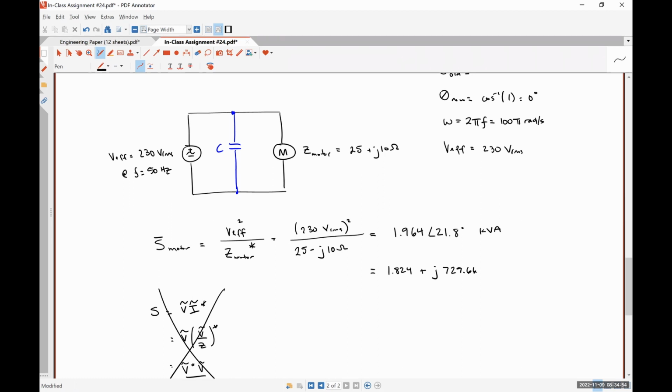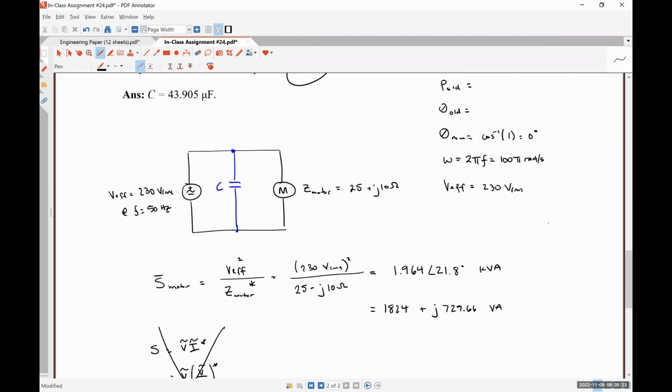Wait, so 1.4. Okay, so I had a decimal place in there that was going to mess things up because one would have been in kilowatts and the other one would have been in vars. So I'm just making it to where it's all in the same scale. VA.